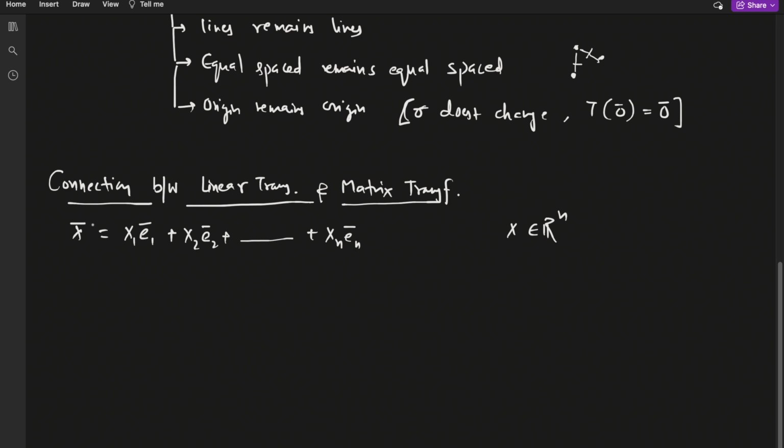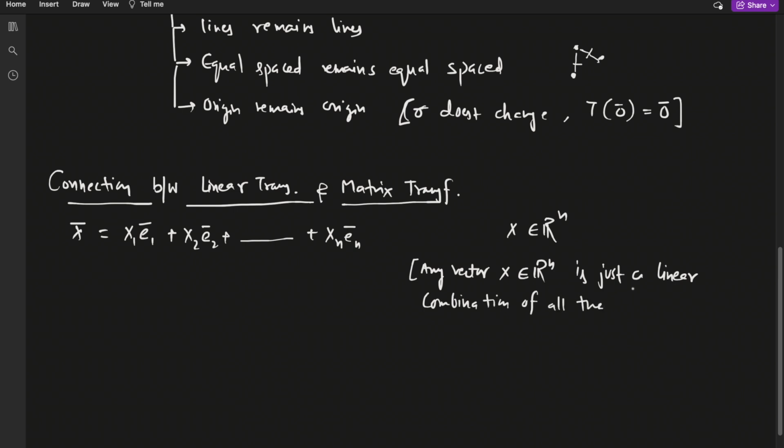Because I have shown in the previous lecture that x is nothing but a linear combination of basis vectors, any vector x belonging to Rn is just a linear combination of all the basis vectors ei of Rn.